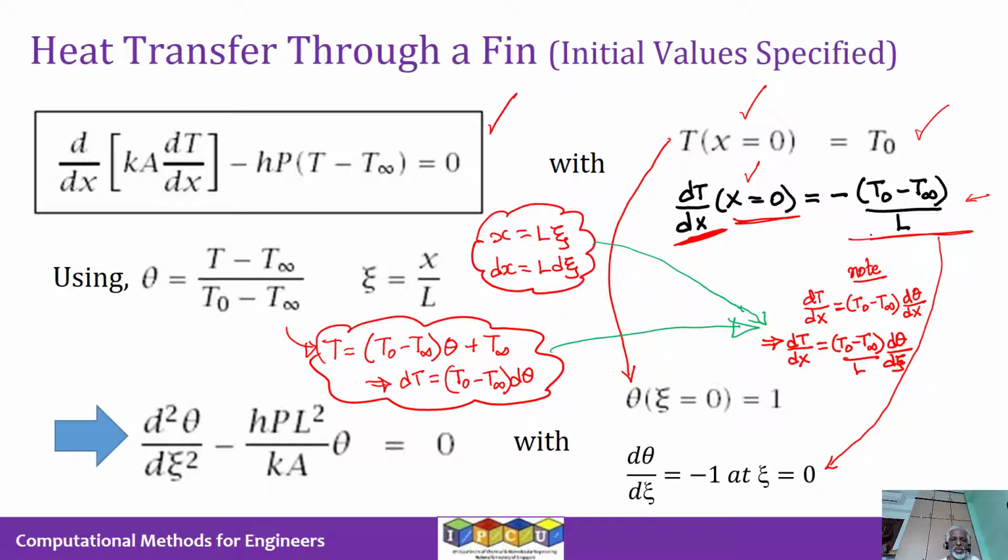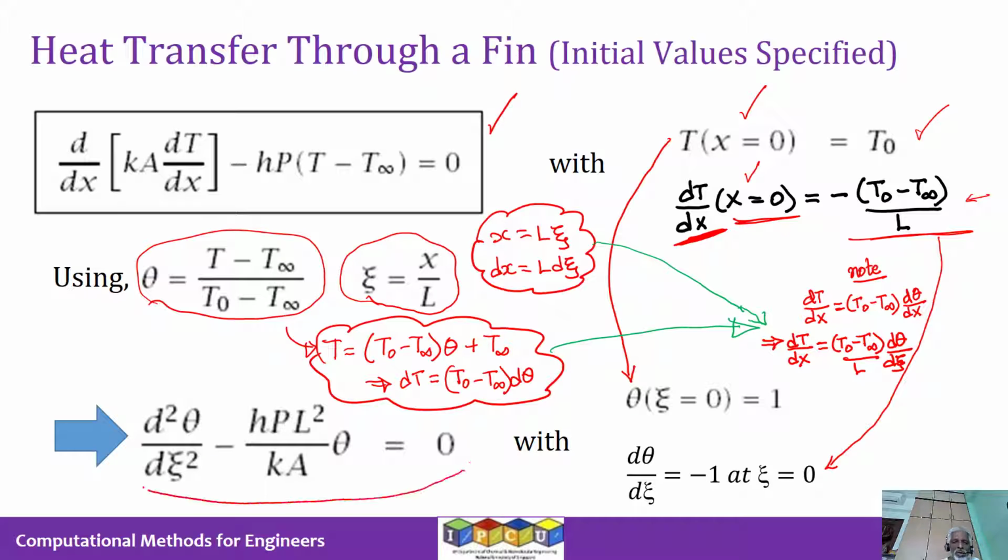The problem has not changed, so we are going to look at the dimensionless temperature again as we defined previously. We are going to look at the dimensionless position as we specified before. Using these, we knew that we could reduce the problem in terms of theta and psi as this. Remember, we also specified HPL squared by Ka to be equal to 4. So all those things don't change. The governing equation doesn't change.